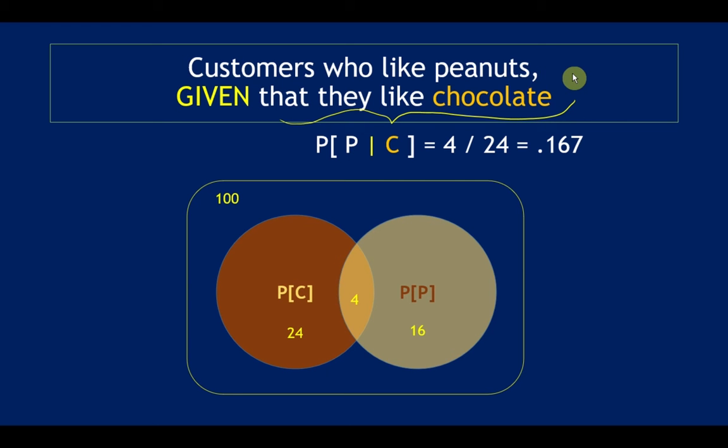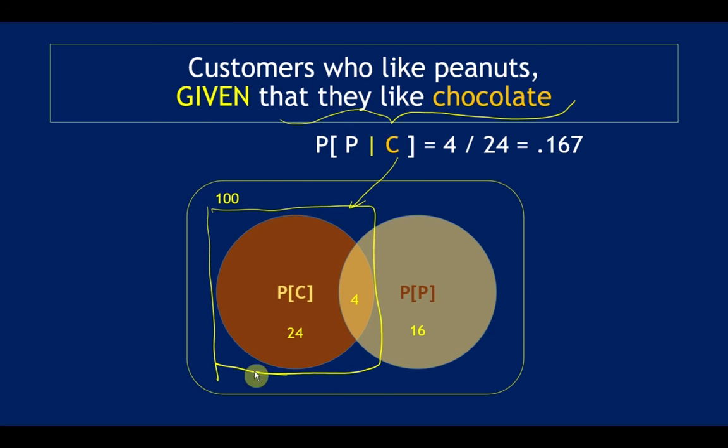We only want to focus on those we already know that like chocolate. So basically, when we look at the sample space, we want to focus our spotlight only on these people who already like chocolate. So given the knowledge that they like chocolate, we want to know how many of them like peanuts.